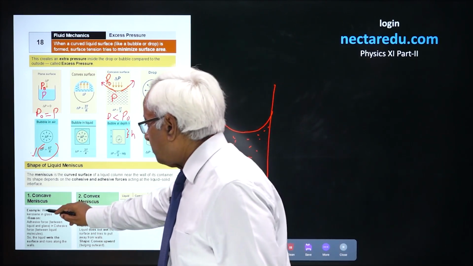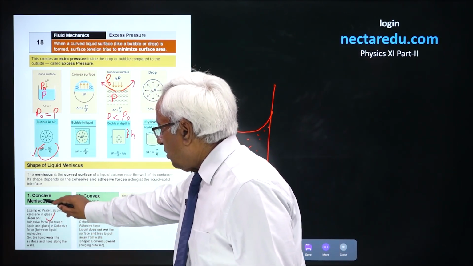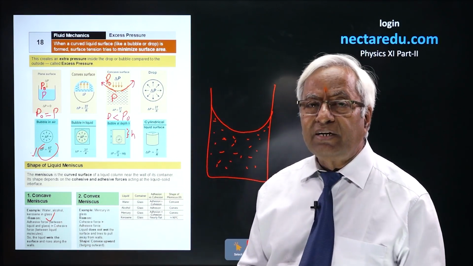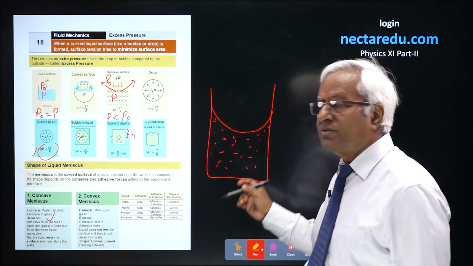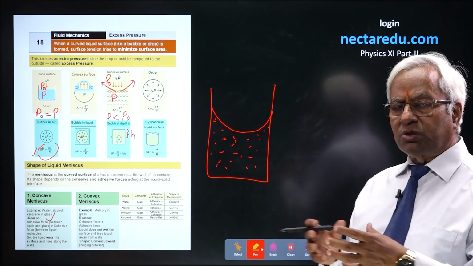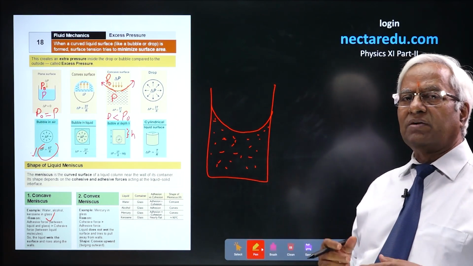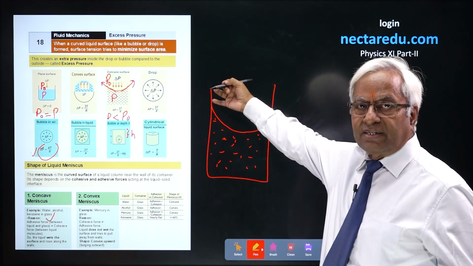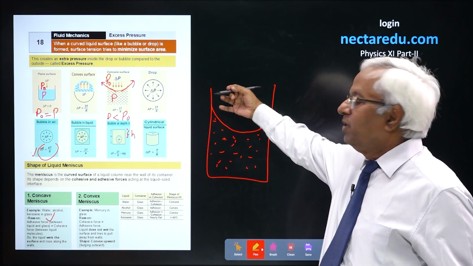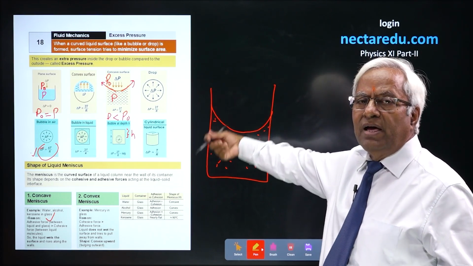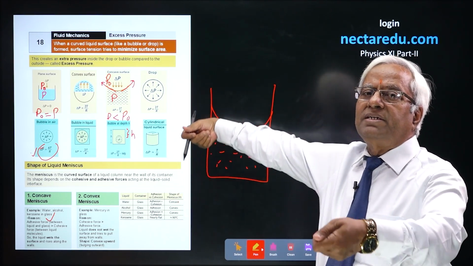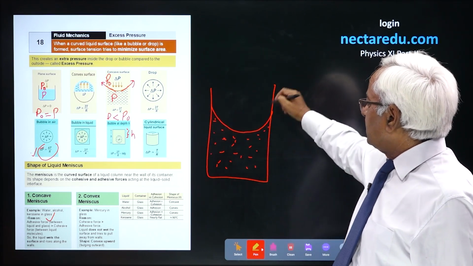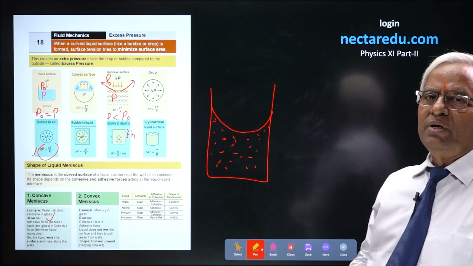So, when the surface is concave, you could say adhesive forces are dominating cohesive forces. Cohesive is the force between liquid molecules itself. But the force between this wall, that is solid, that is glass, and the liquid molecules, that would be adhesive. Adhesive forces are dominating and this is pulling upward. That's why it has gone concave.